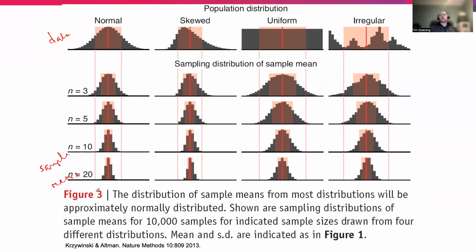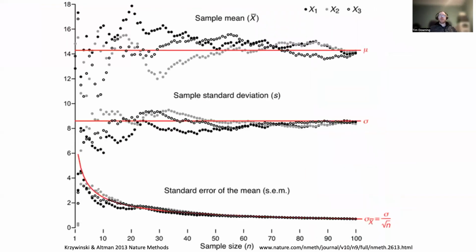So in this way, and this is from a Points of Significance article, as we get more and more samples, we can see that the standard error of our mean gets better. Each of these gray, black, and white unfilled lines indicate estimates of the standard error of the mean as you have different sample sizes.